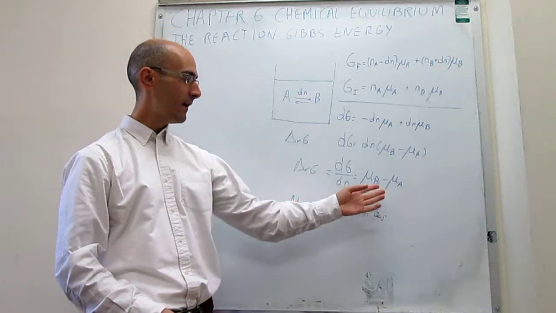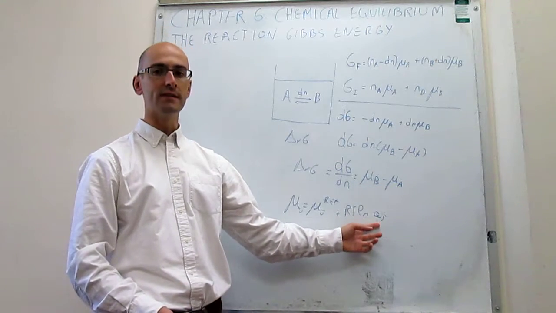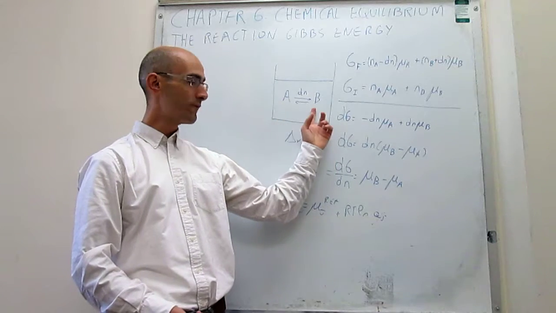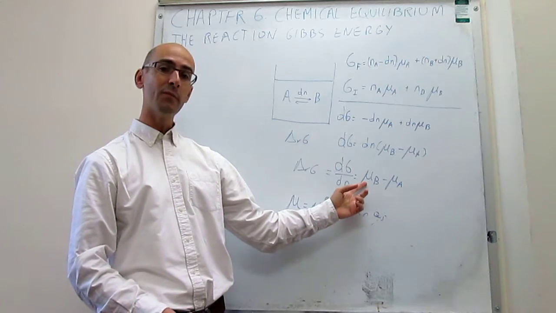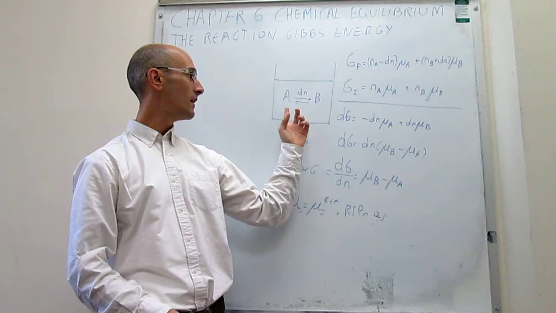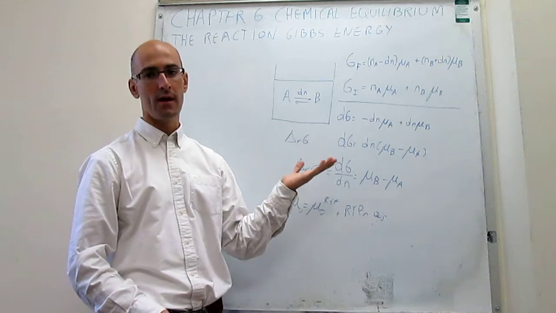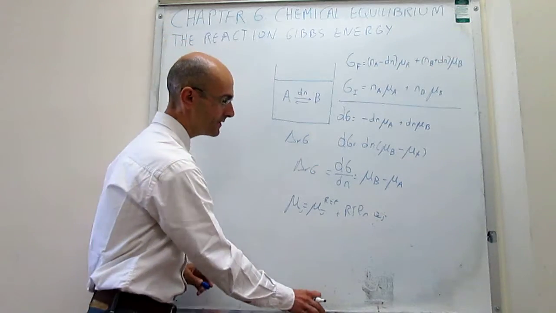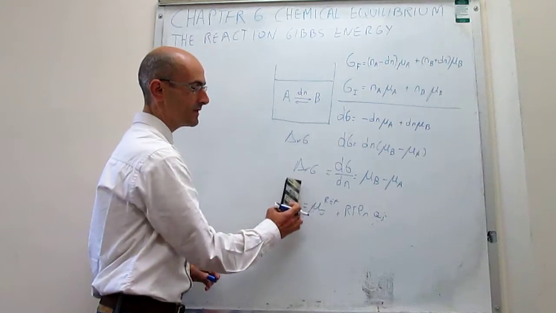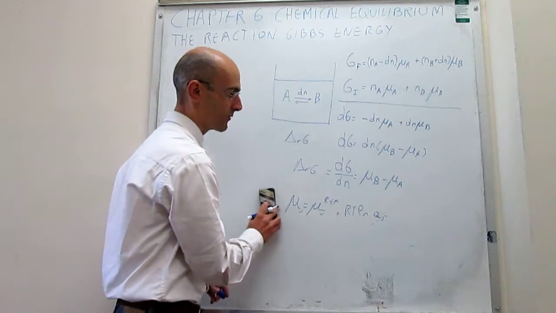Again, the concentration of A is decreasing during the reaction going from left to right, and the concentration of B is increasing as you're generating B from A. So something interesting is that this Gibbs energy changes during a reaction.